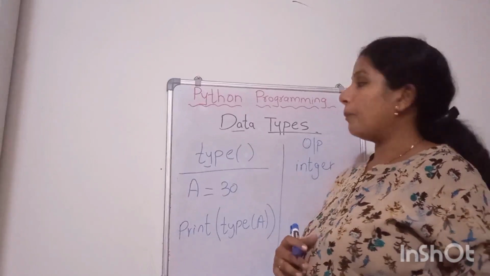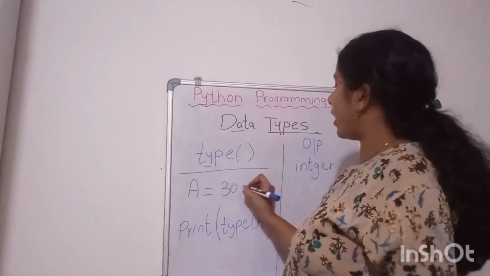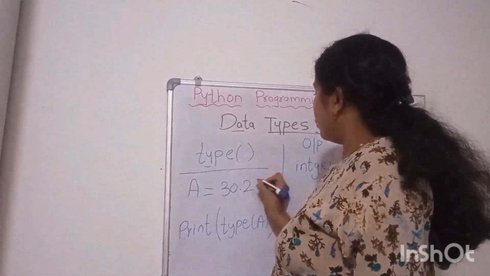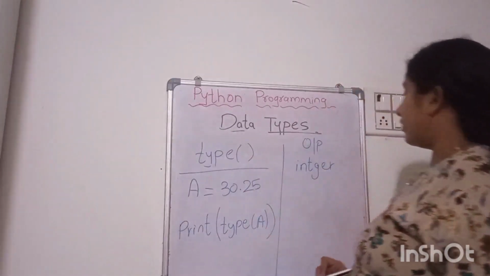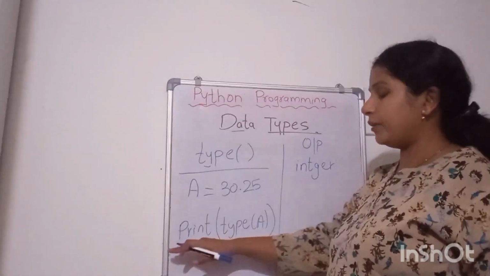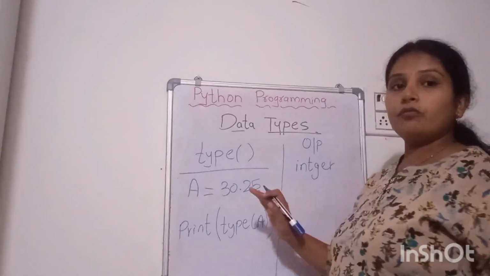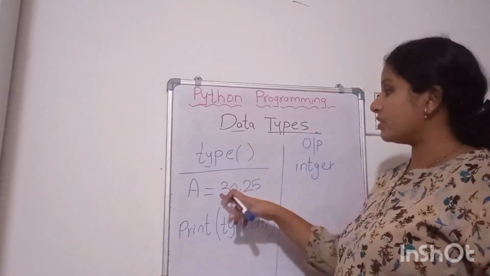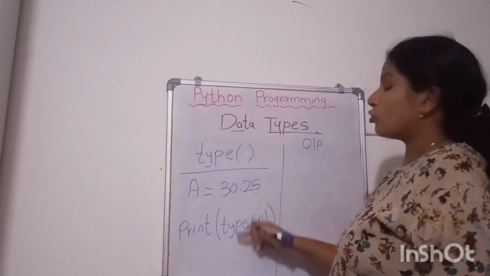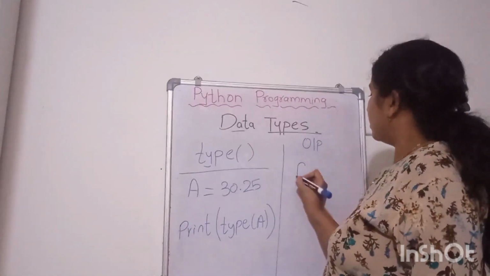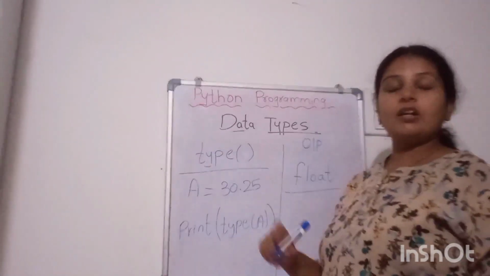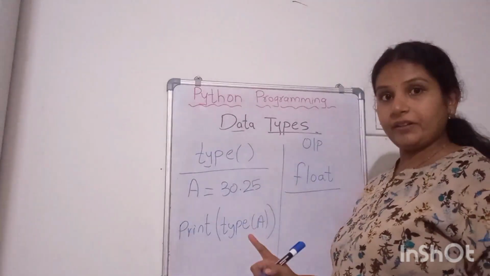So here you would know the type function is the function to know the type of data you are using in Python. Now suppose I take the value 30.25, and I call this type function inside the print function. Then what will be the data type of a? It would be float. So instead of integer, float will be displayed.